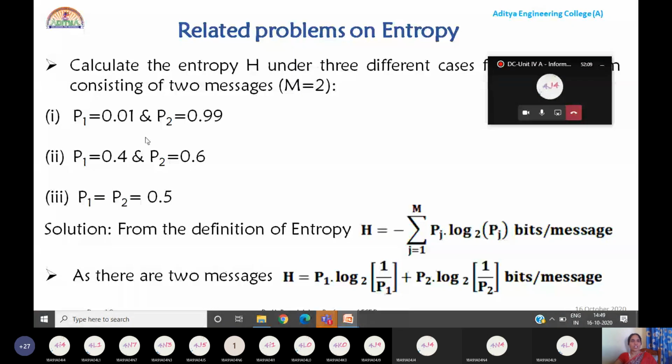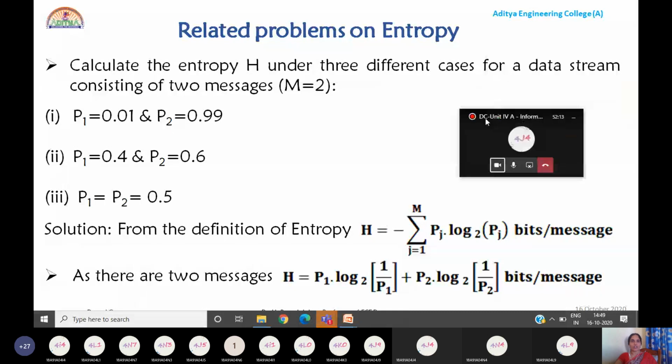If you observe this problem, here we mentioned three different cases of an event consisting of two messages. In the first case, P2 is approximately 1 and P1 is approximately 0. So here entropy is almost nearer to 0 in the first case.